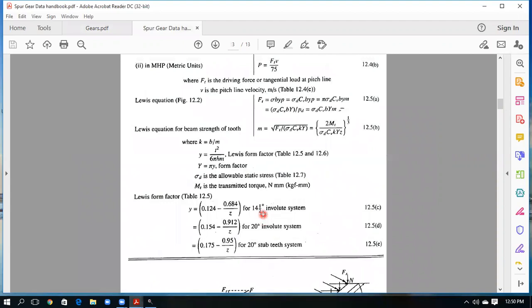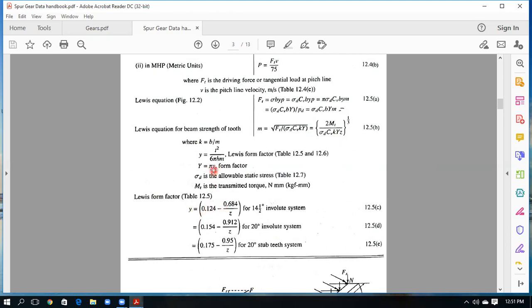Here you can see that this is the module formula: m cube is equal to 2Mt by sigma d Cv k Y z. K is nothing but b by m, where b is the face width and m is the module. Capital Y is nothing but pi into y, and y is the Lewis form factor which you have calculated in the previous step.